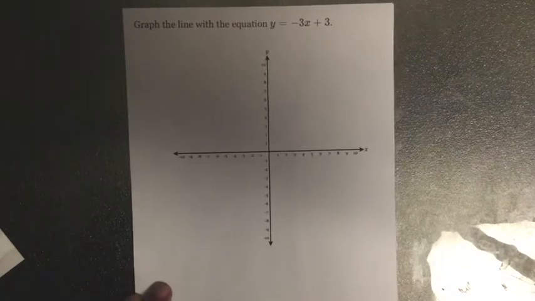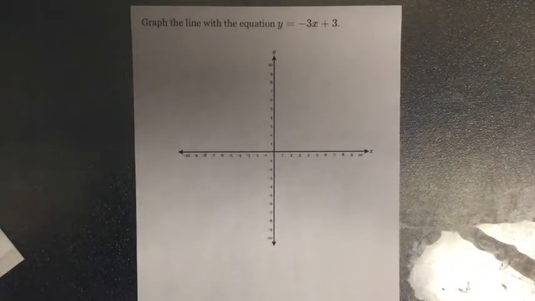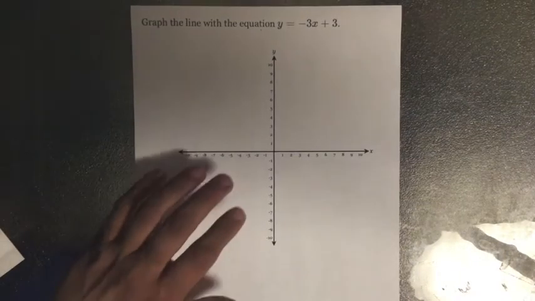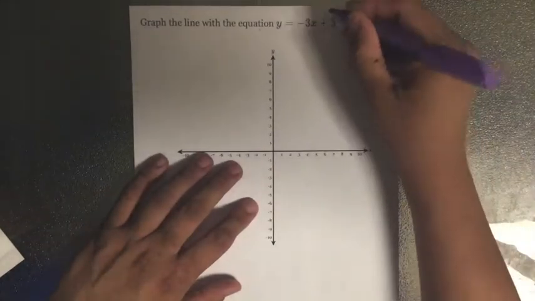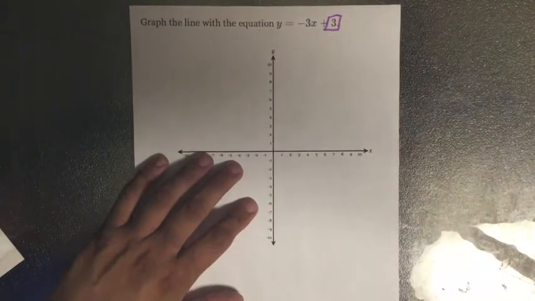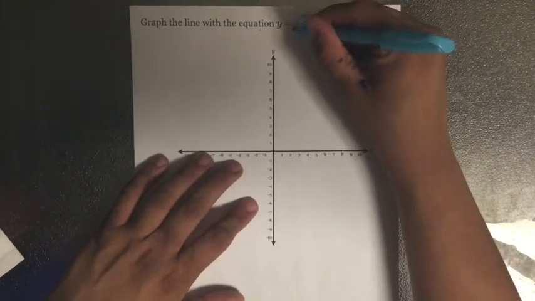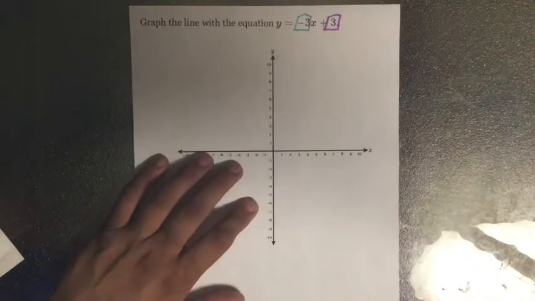Let's see. It says graph the line with the equation y equals negative 3x plus 3. So we start on b, and we find our m, our slope, which is negative 3. So let's make a note here on the side.